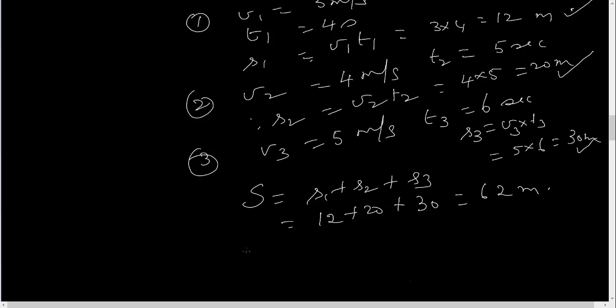Then T total will be equal to T1 plus T2 plus T3 equal to 4 for T1 and 5 for T2.